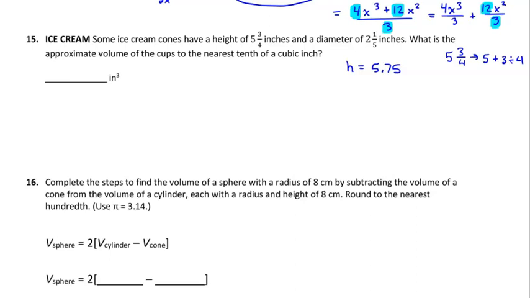Same thing for 2 and 1/5. And that means our diameter is 2.2. All right, here we go. So now for number 15, we're looking for the volume of a cone. And if I look at my reference sheet, that's going to be 1/3 area of the base times height.